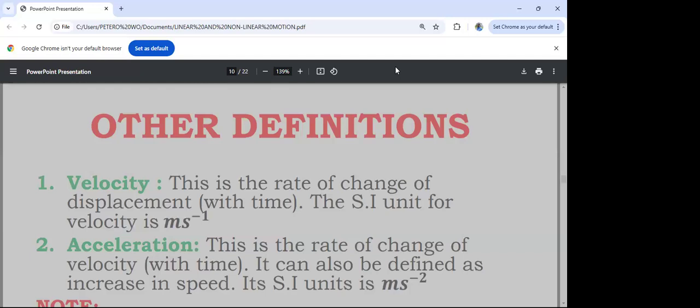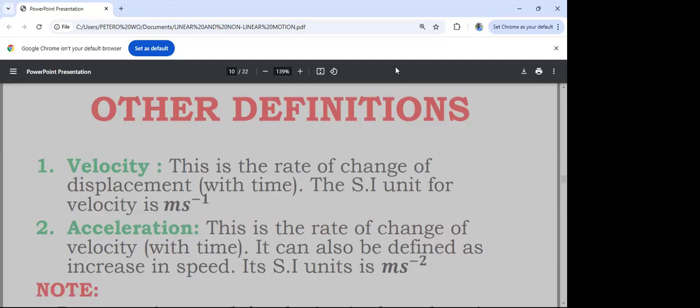When the change in distance is in a specified direction, it ceases being speed and becomes velocity. That's why they share the same units, meters per second. So velocity is the rate of change of displacement with time.